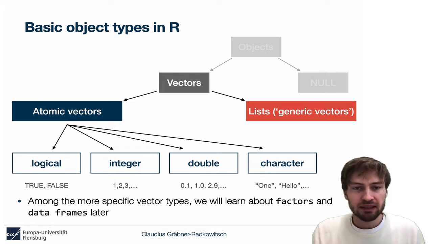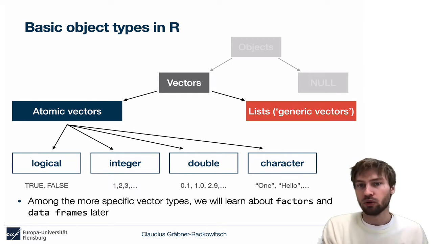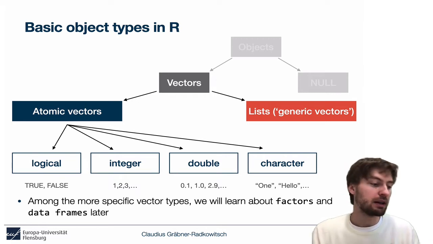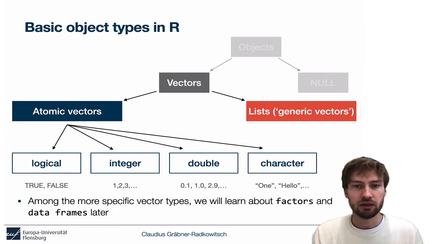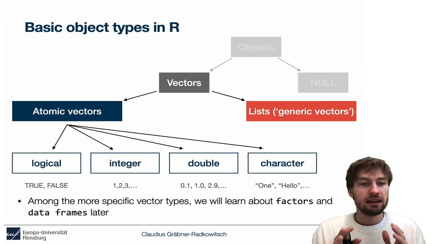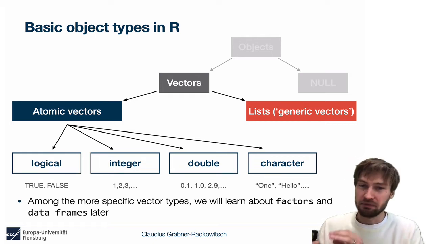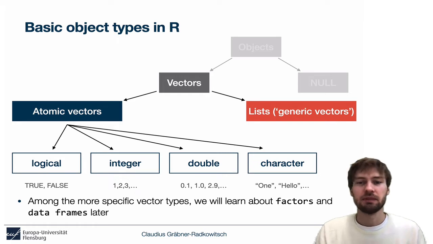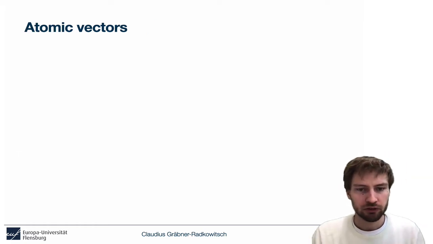Please also note that in this figure, I haven't included functions because we have discussed them already before. But of course, they are also a very important element in R. But for now, let's first focus on atomic vectors and their different subtypes, and then we wrap up this section by dealing with lists. So let's start with atomic vectors.